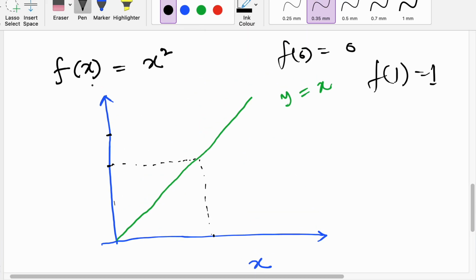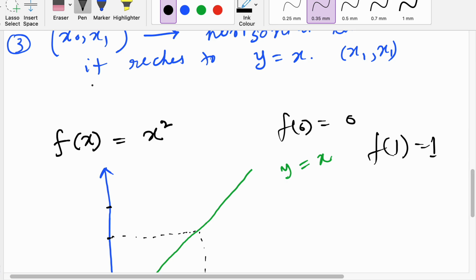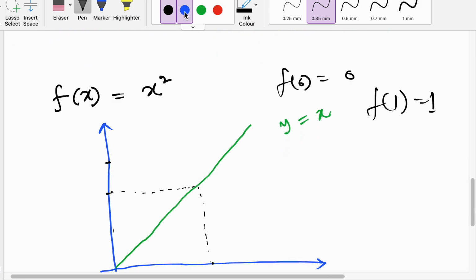Now, let me repeat this part again. I want to draw a cobweb diagram for f(x) equal to x square. For that, what do we have to do? We have to draw y equal to x, the identity line, and then y equal to f(x), this curve.